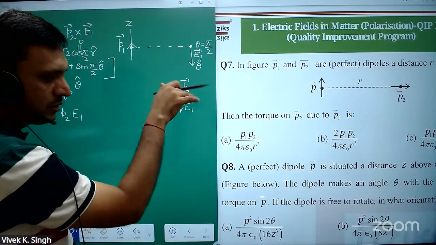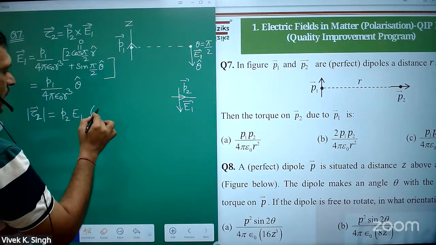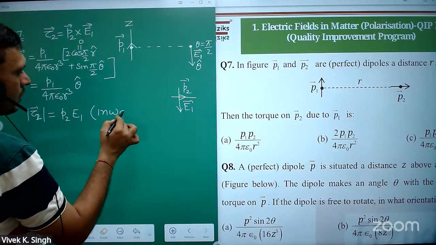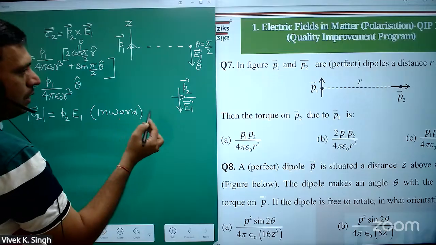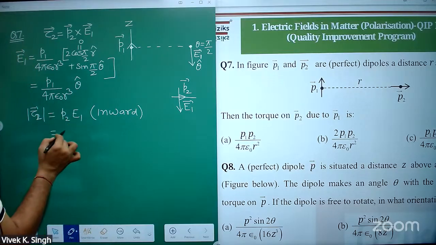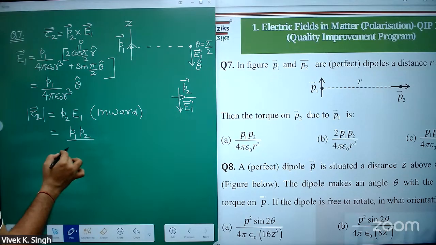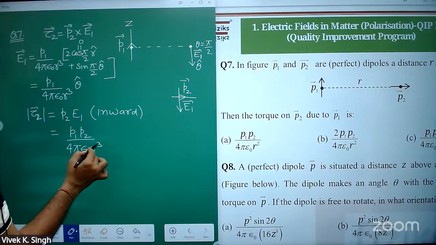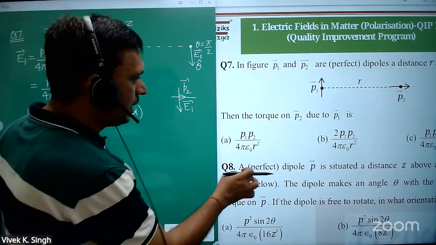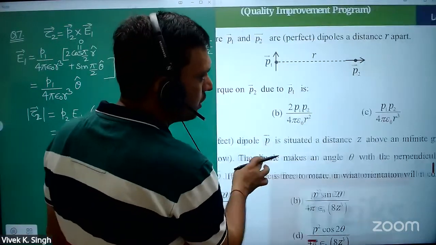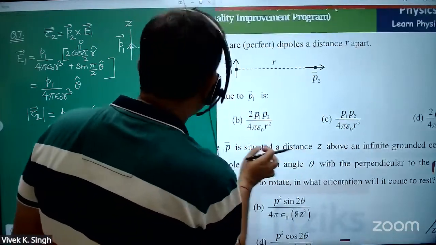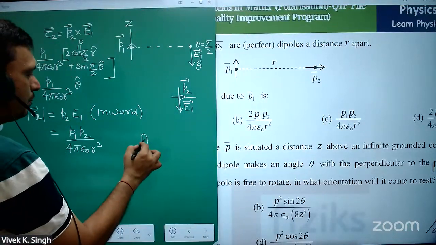Again P2 cross E1, so that is also inward. And what will be the magnitude? This is P1 P2 by 4 pi epsilon naught r cube. So in this case, option C is correct.